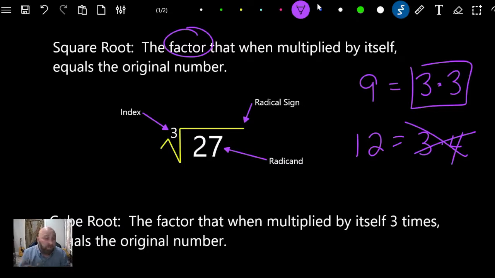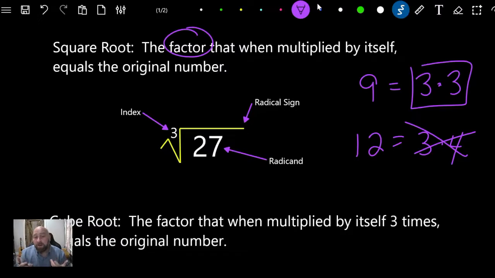The square root of 9, however, is what's called rational. Rational means that it comes out to a whole number. Irrational means it doesn't come out to a whole number. We're actually going to learn a lot of the rational square roots a little bit later in the lesson. But if you ever get a rational square root, you can actually solve it out. So if we got the square root of 9, we could solve it out to 3.